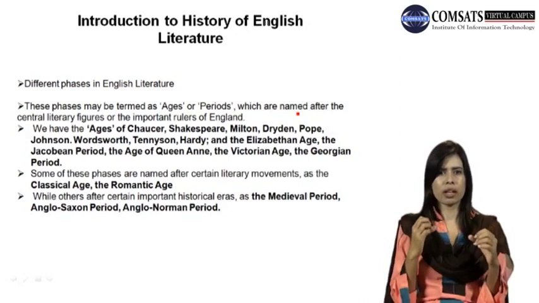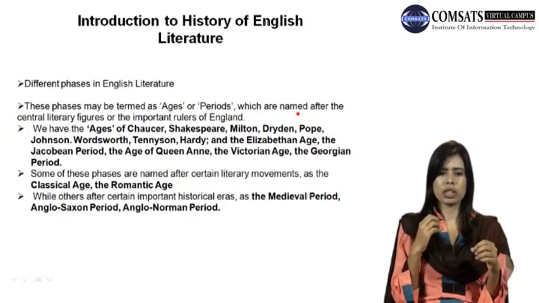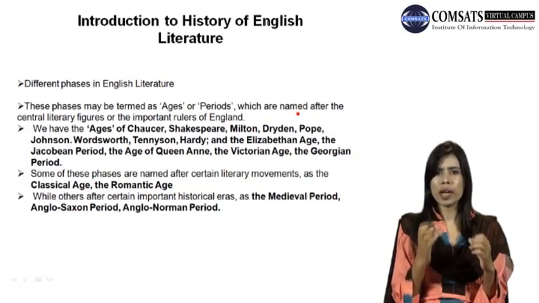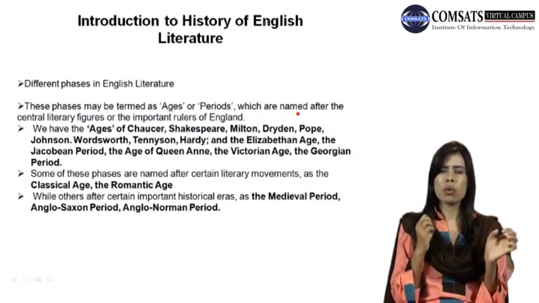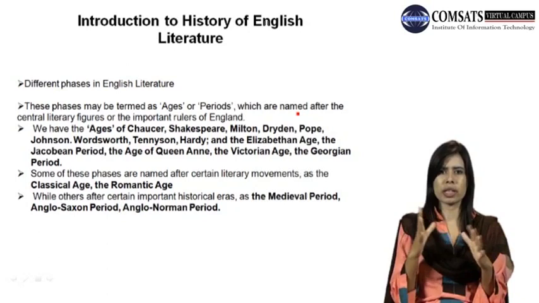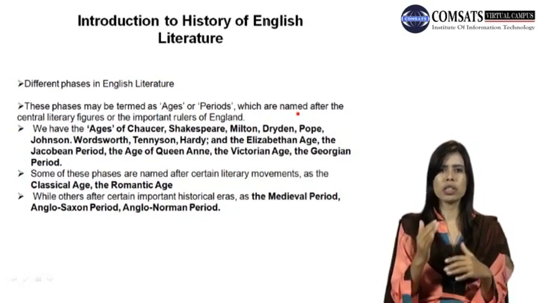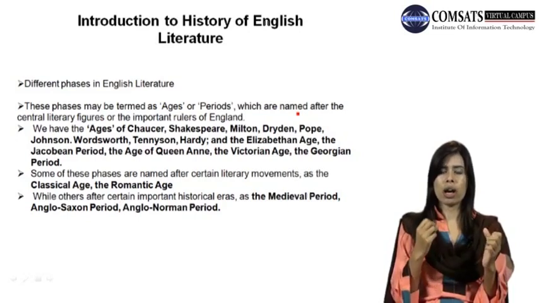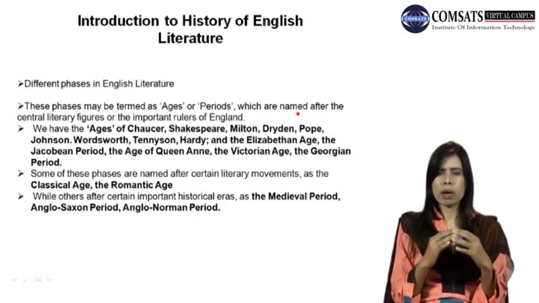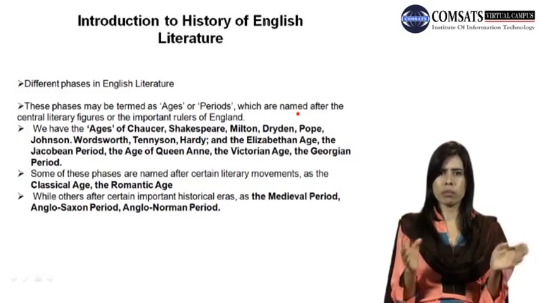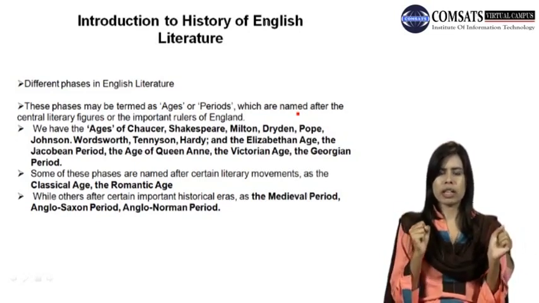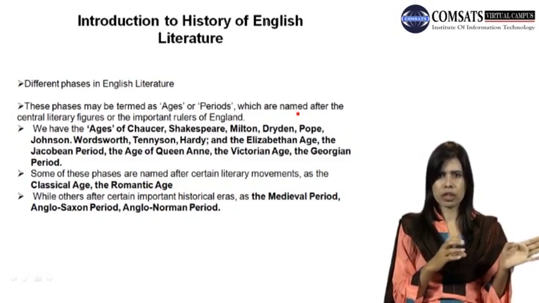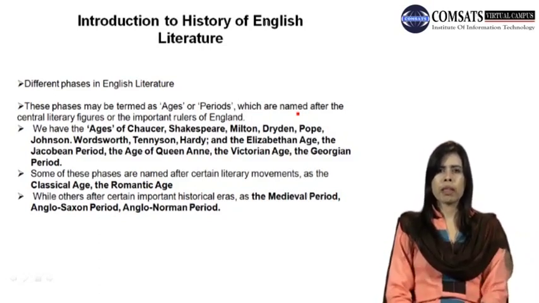These periods and ages are named after the central literary figures or the important rulers of England. So basically we have named these ages and periods after the central literary figures, or after any party which ruled over England for a period of time. So we give that name to that particular age or period.